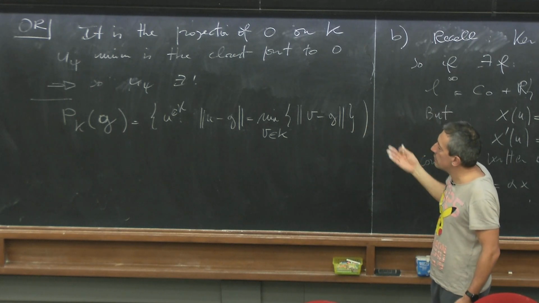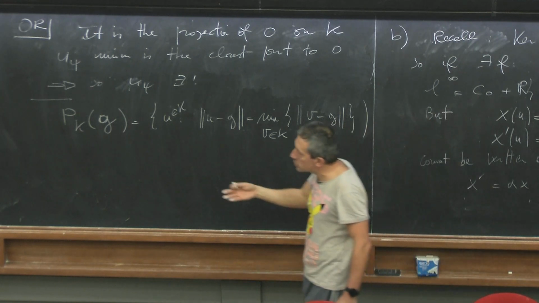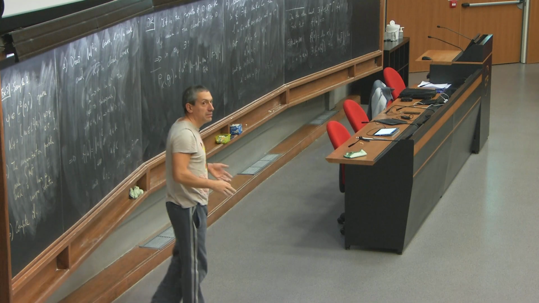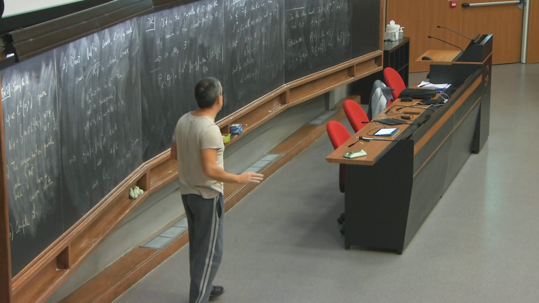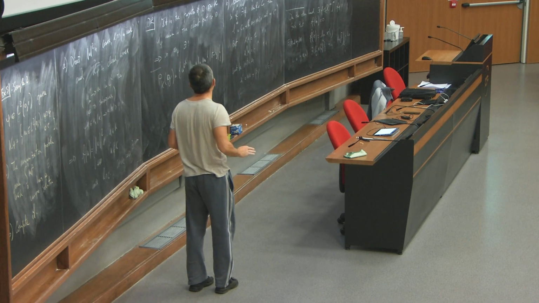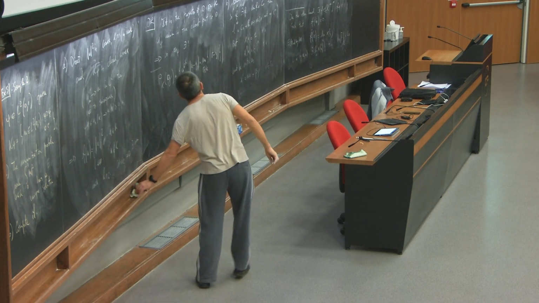And now take g equal to 0, and you discover that you have to minimize exactly the norm squared. Okay?